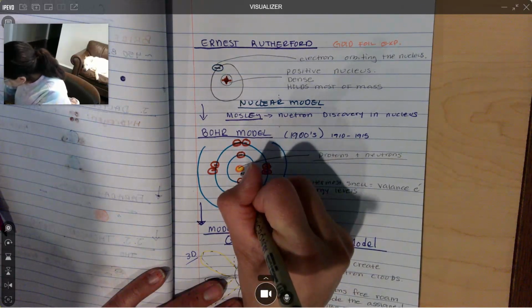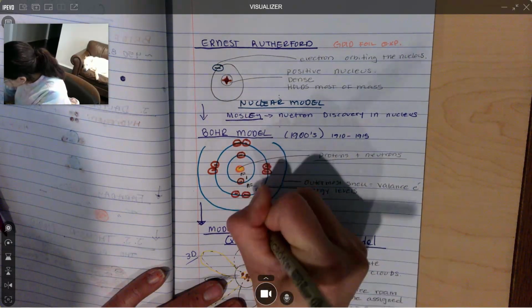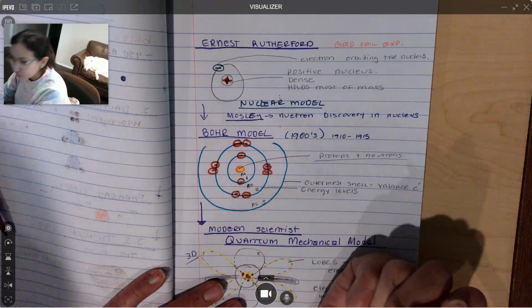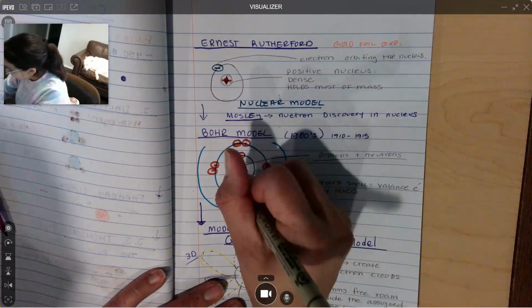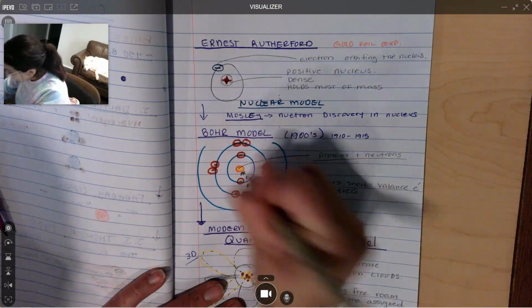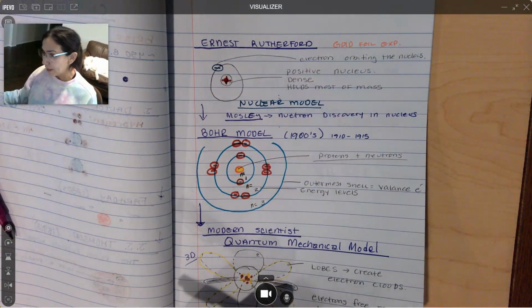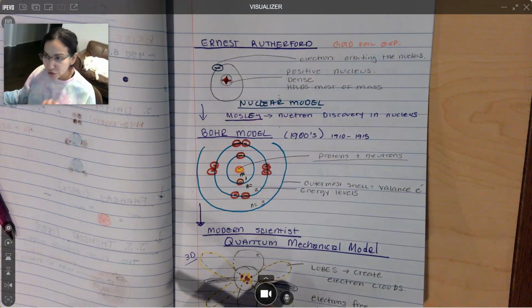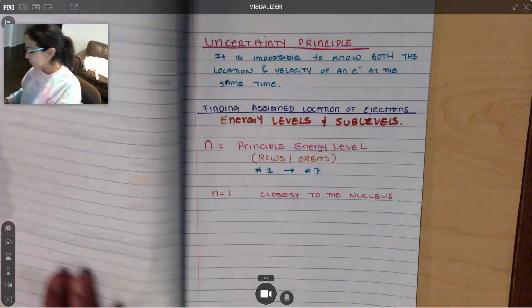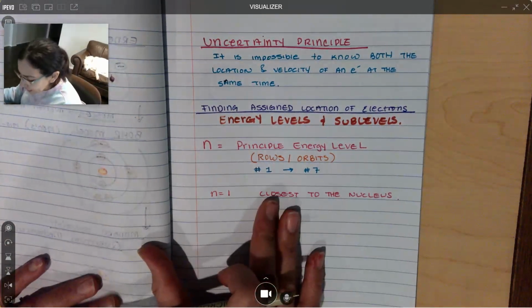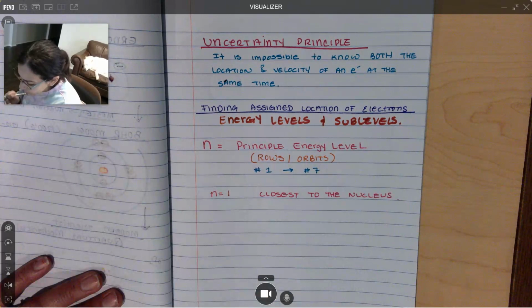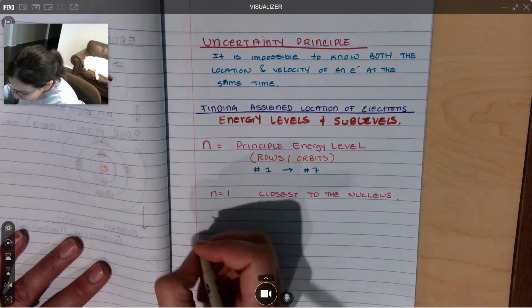N is equal to 3. Those are your energy levels. So if I ever ask, which energy level is the closest to the nucleus? The smaller the energy level, the closer to the nucleus it is. Okay. So N equal to 1 is the one that's going to be closest to the nucleus.